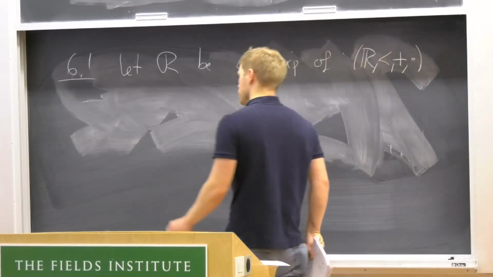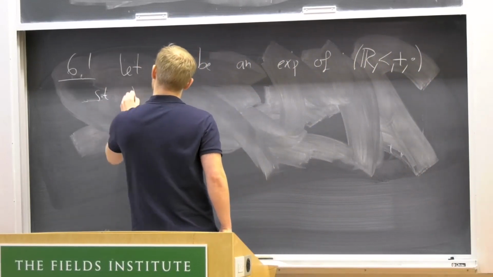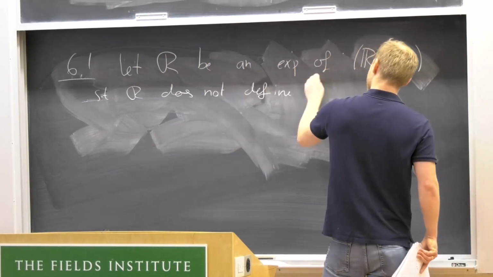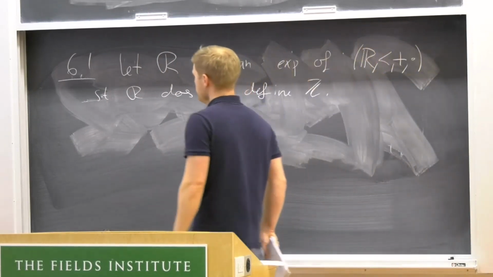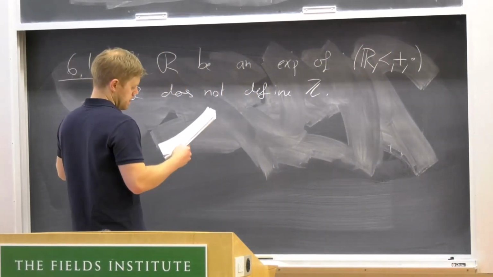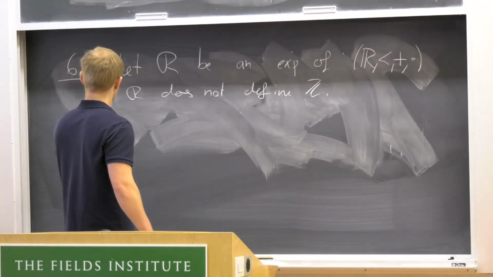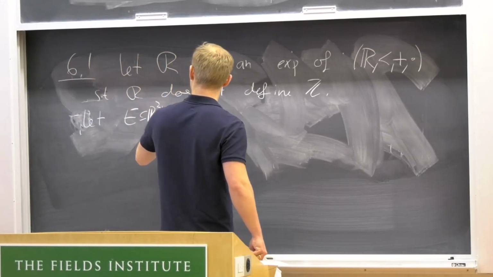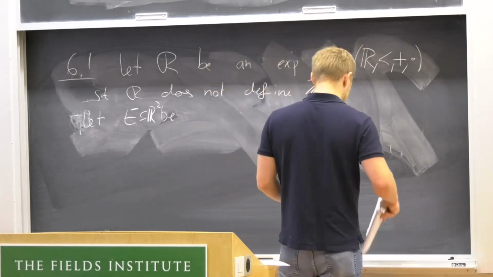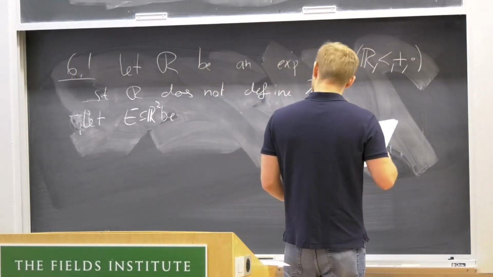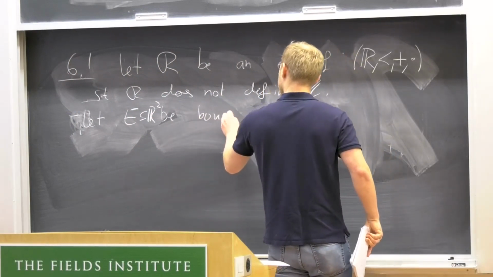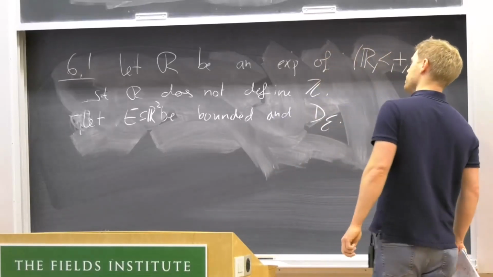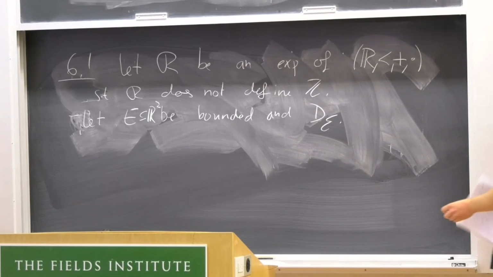It does not define the integers. And let E be a subset of R2. That's the only thing I want to prove, but this holds for R^n. Let it be bounded, and actually, I might only prove it for closed, but this holds in this generality.